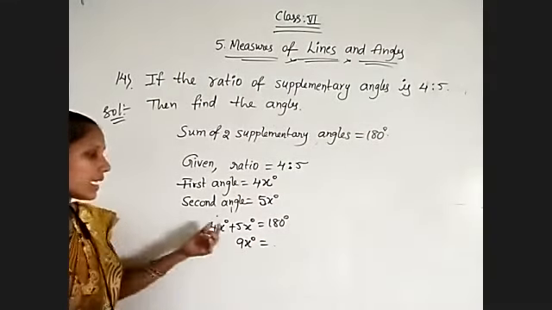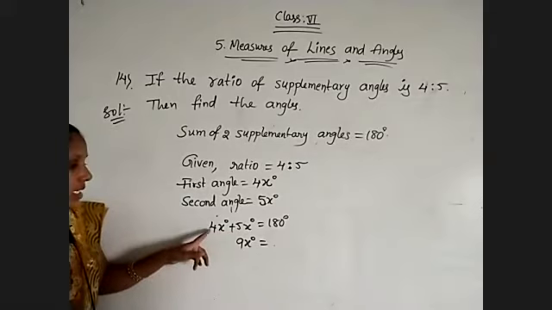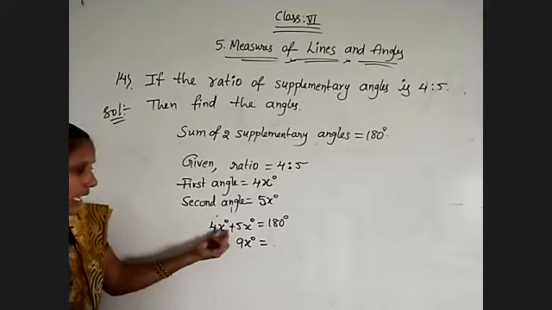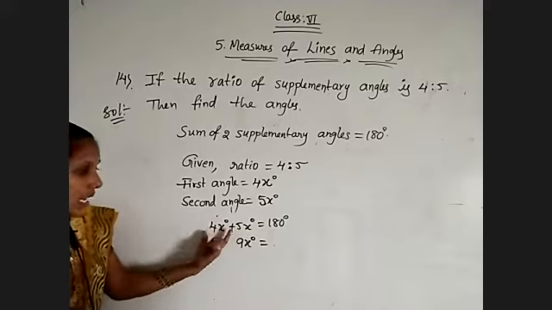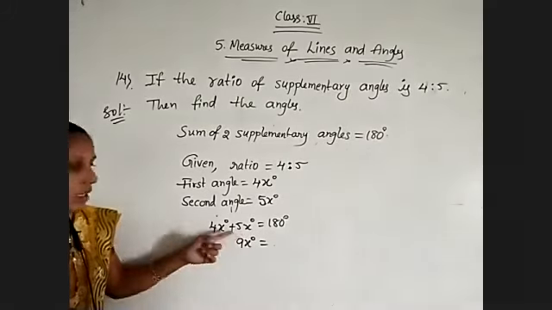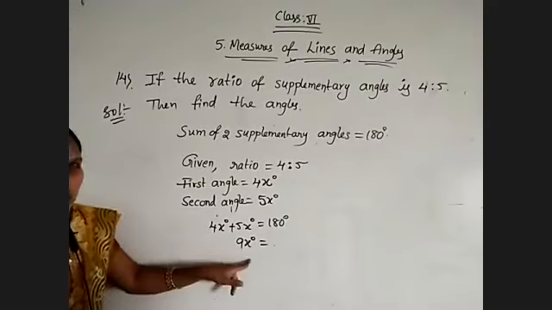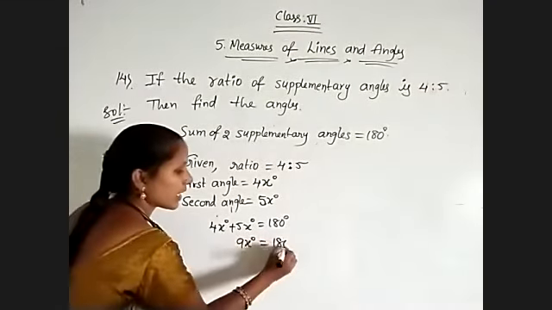When you are adding algebraic expressions, variables are there. In that case, just observe their numbers: 4, 5, and x only, meaning like terms. So add the like terms. 4 plus 5 is equal to 9, and the like term is x. That's it. 9x is equal to 180.